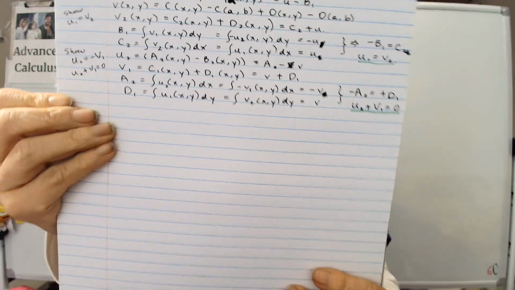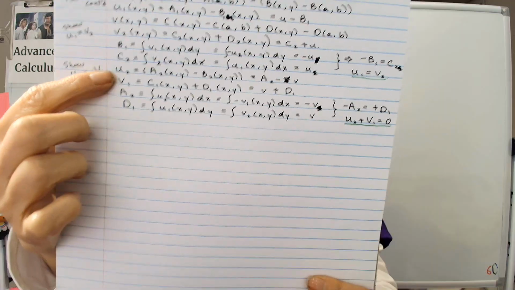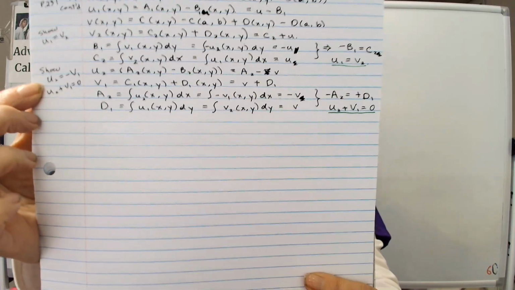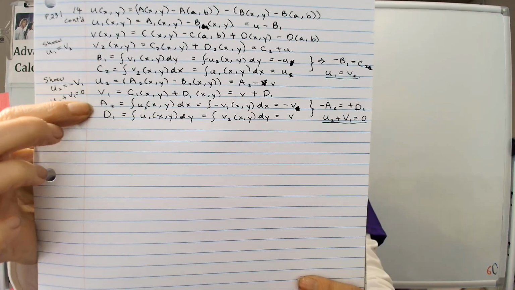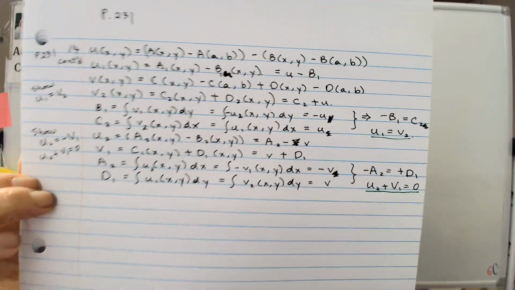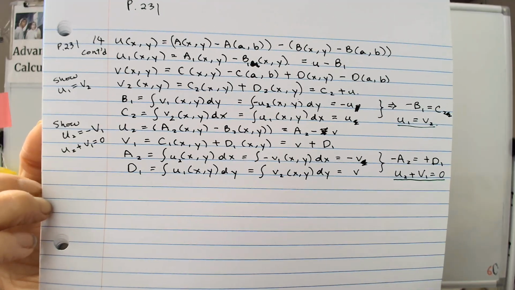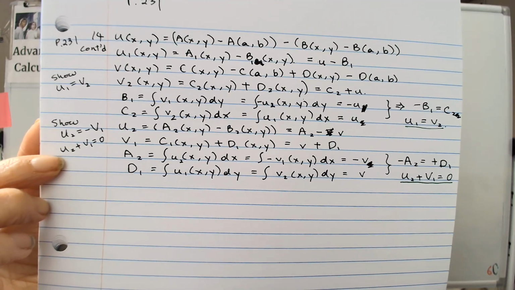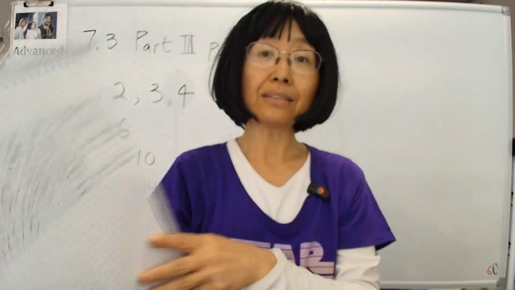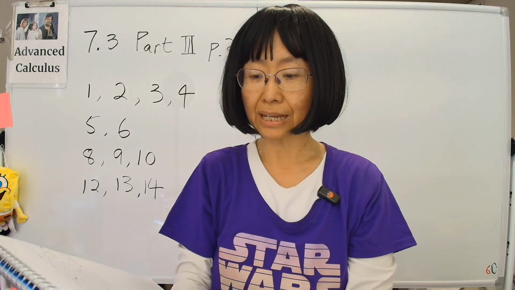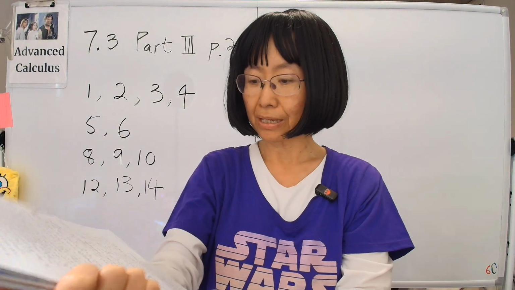Now the second part, showing U2 equals minus V1, works exactly the same way. So please read that yourself, and if you have any questions, just work it out exactly the same way. Then it will come out that U2 equals negative V1, and that should be it.